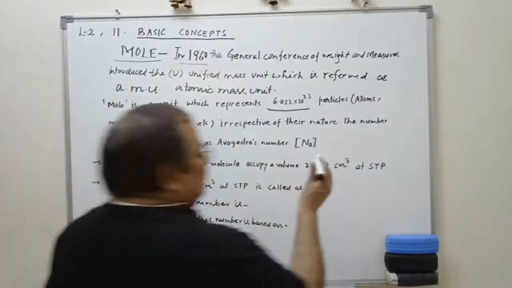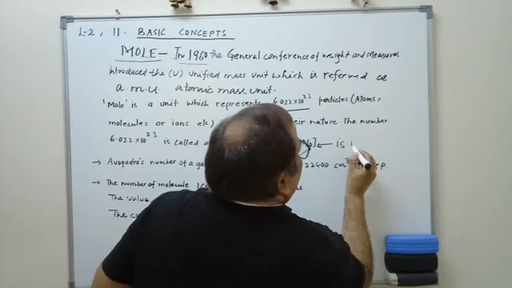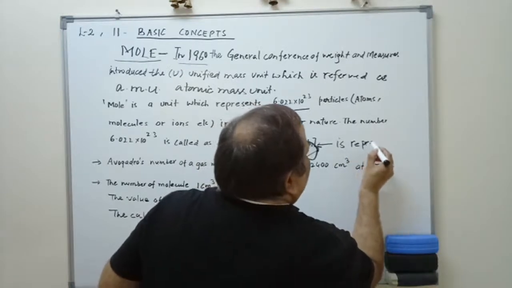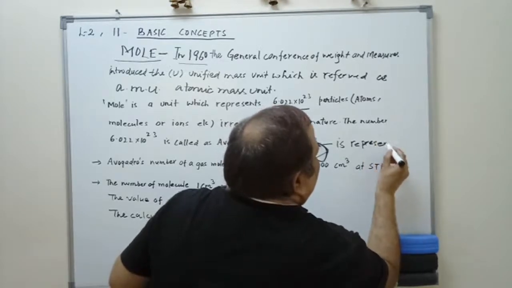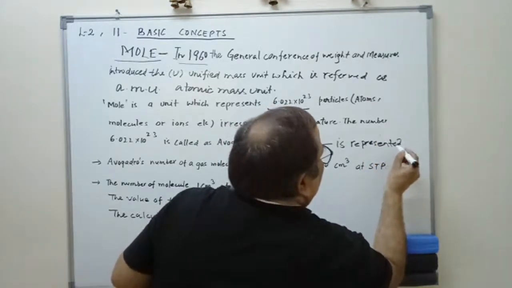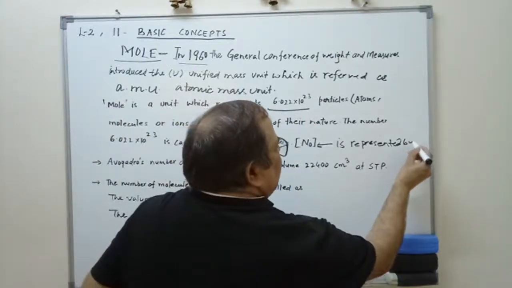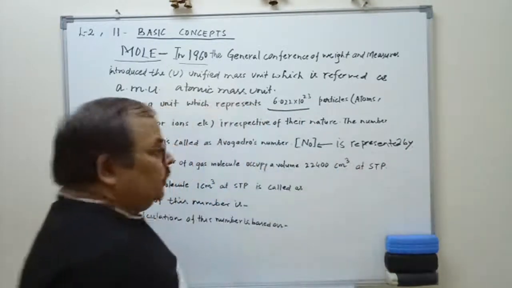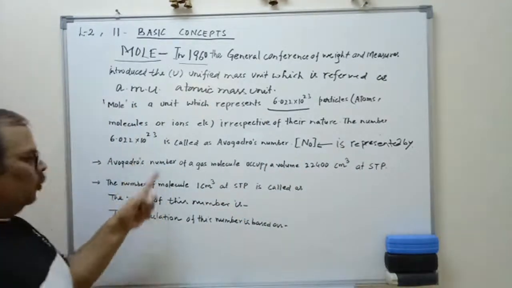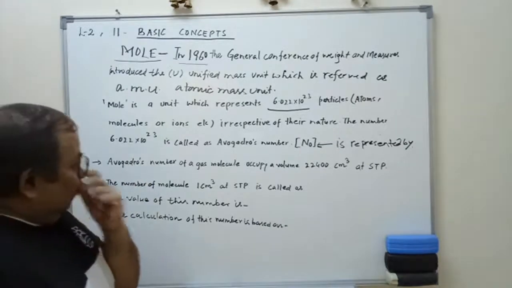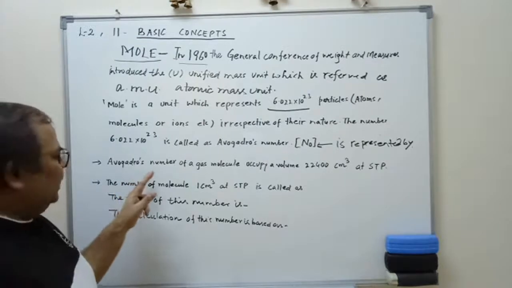This number is represented by N0. Avogadro number is represented by N0. The value is 6.022 into 10 to the power 23. This point has also been asked in a number of examinations.